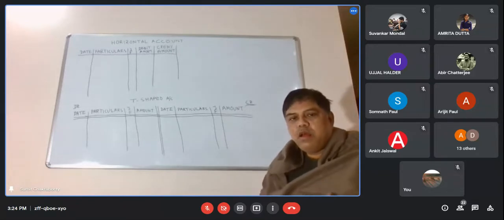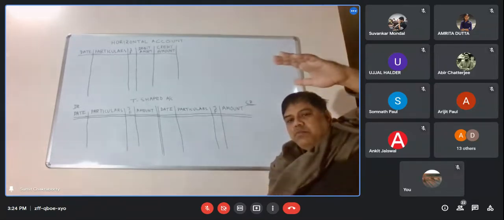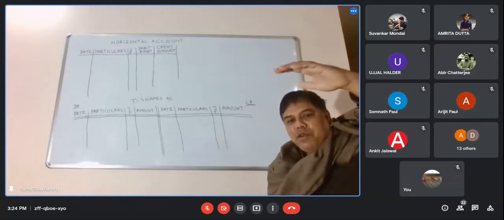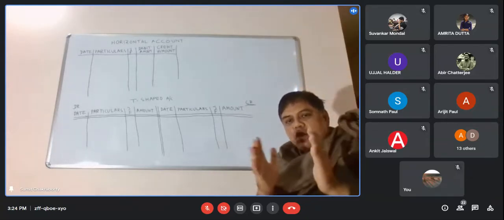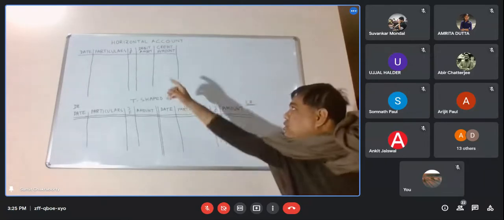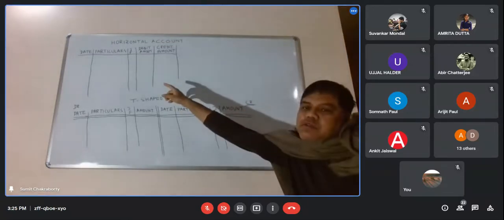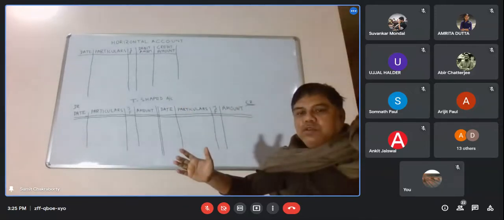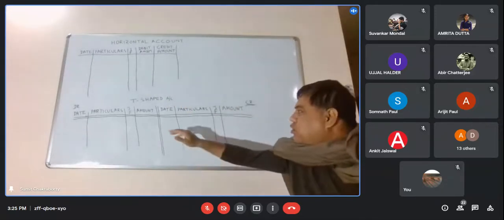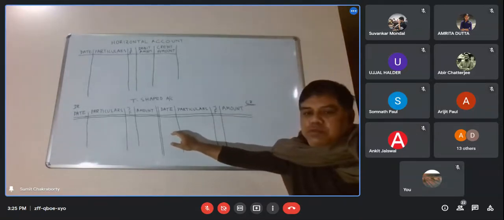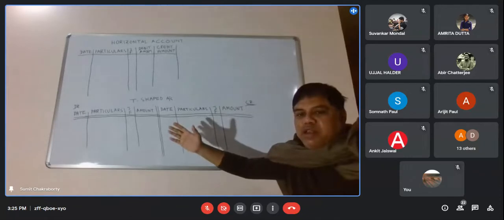But in the older days, the long khata was longer in length and shorter in width, right? Longer in length, horizontal account. And the wider book, shorter in length or longer in length, doesn't matter, T-shaped account. A T-shaped account is wide.